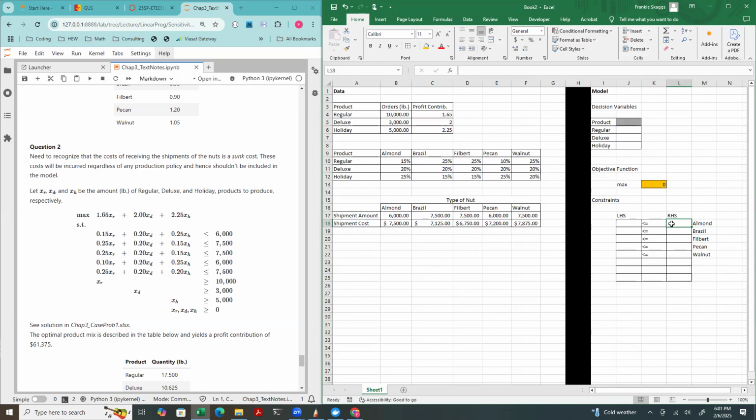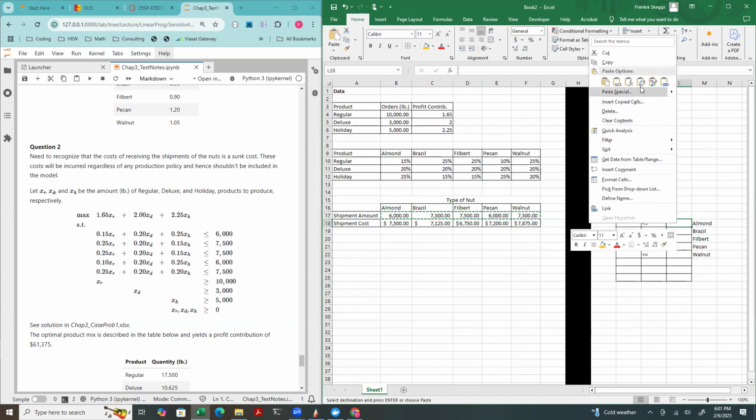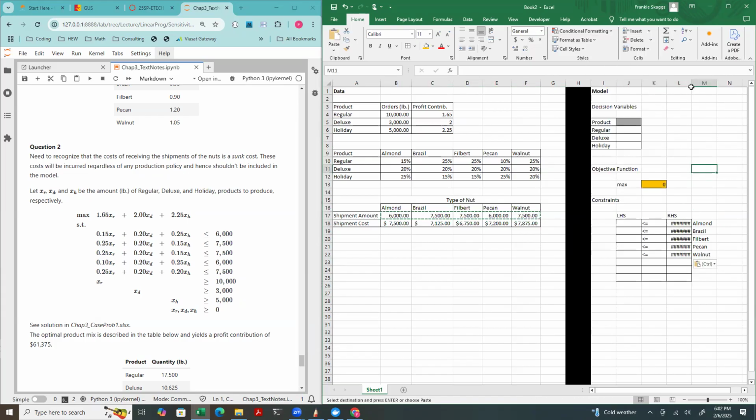We need the inventory amounts. That's this value. I'll transpose those. And then the left-hand side needs to be what? This, which is the percentages of almond based off of how much of the products we make. And we'll do a SUMPRODUCT between that and this.